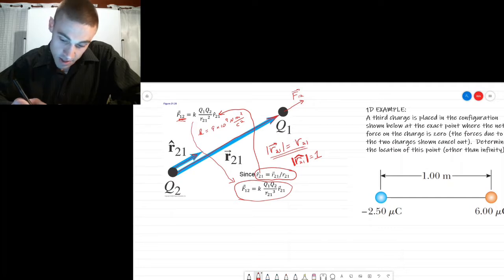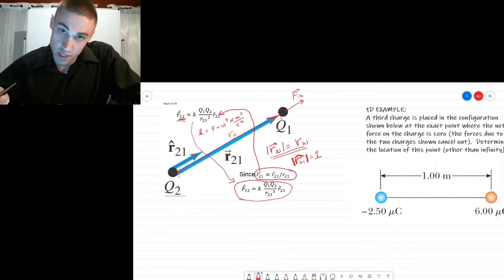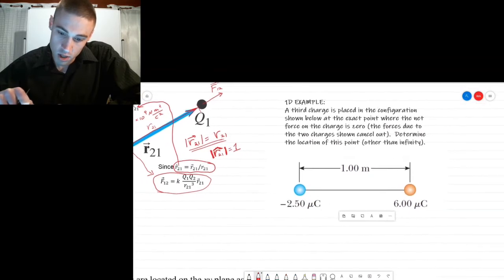So this doesn't have length 1. It has a length equal to the distance that separates these two, that's r21. So these are equivalent, just two different ways of writing it. Sometimes this is the easier way to do the calculation. I'll do an example of that in just a minute. But for now, let's go on to doing a 1D example.